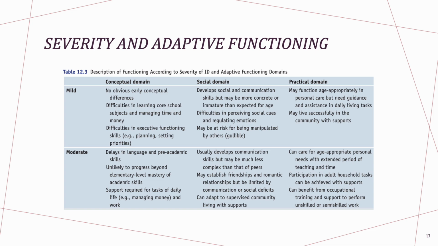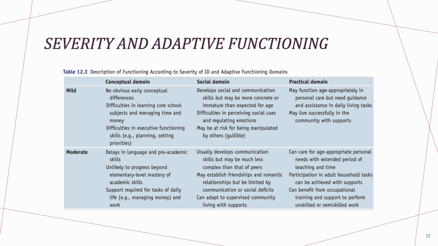They might also be at risk for being manipulated by others, so that's being gullible. And then within the practical domain for mild severity, we might see things like the individual functions age appropriately in personal care, but they might need extra assistance in daily living tasks. Within the moderate, we might see delays in language and pre-academic skills within the conceptual domain.